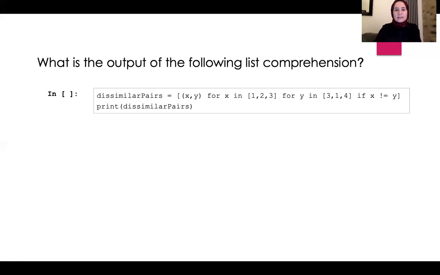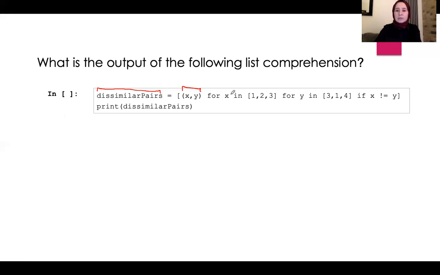So let's look at this example. This is another list comprehension. We have been provided a name of the list, which is similar pairs, and we have x and y values. And basically, this will be the element of this list.